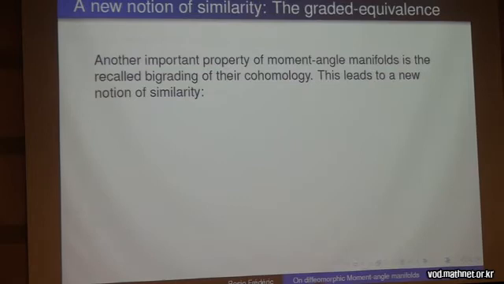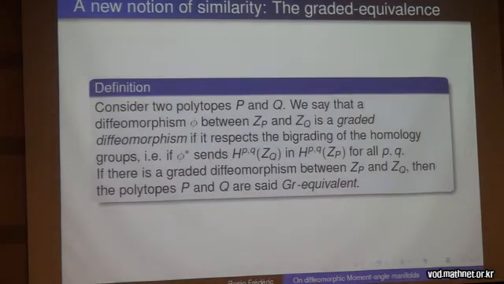And we define two polytopes to be graded equivalent if there is a diffeomorphism between their moment-angle manifolds, a diffeomorphism which induces also isomorphisms in the bigraded homology.